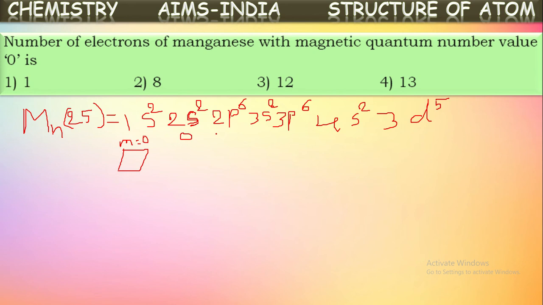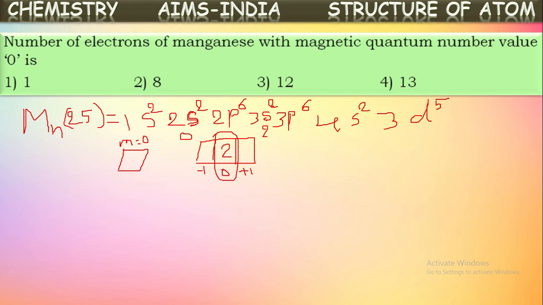And in the 2p subshell, totally there are 3 orbitals. Out of these 3 orbitals, one has the value minus 1, another 0, and plus 1 for the remaining one. So in this also there is one orbital with m value 0, and in that there are 2 electrons, and in the 2s, 2 electrons, because the m value will be 0 for the s subshell.